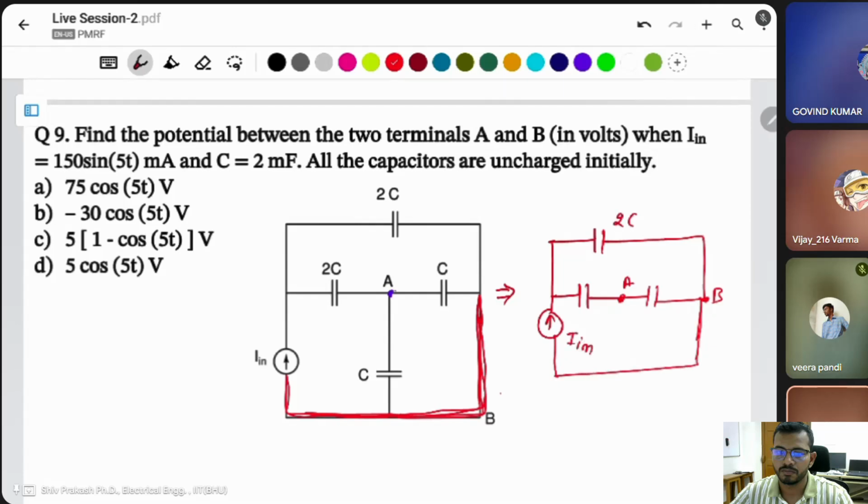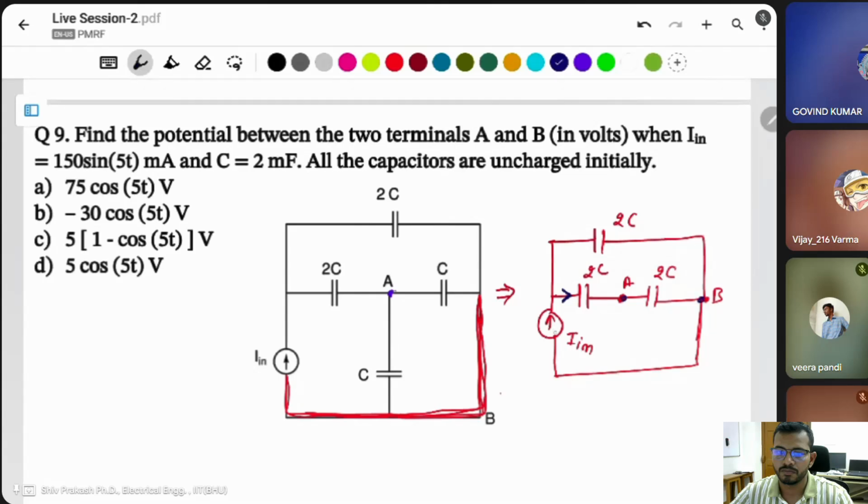This is the 2C, this is the 2C. If you find the current flowing through this branch, then simply you apply KVL and you will find the final answer VAB.